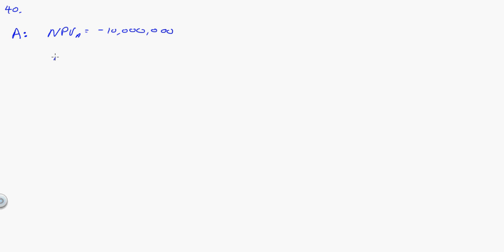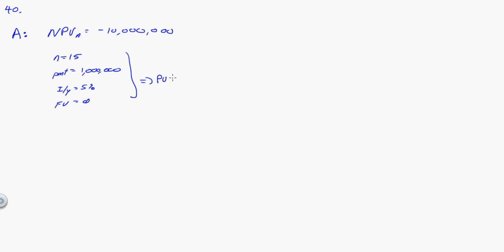So what I can do is say N is equal to 15. Payment is equal to 1 million. Interest rate is equal to 5%. Future value is equal to 0.